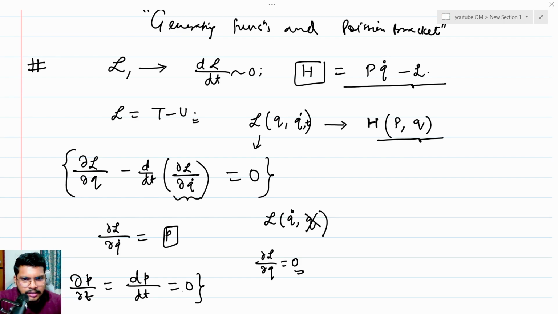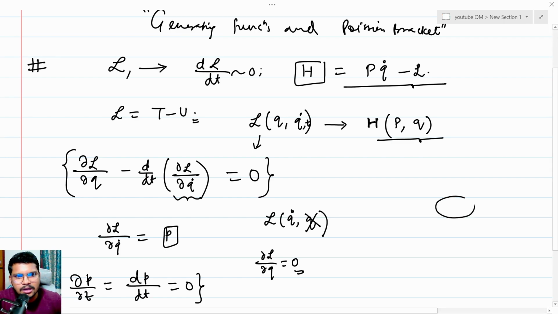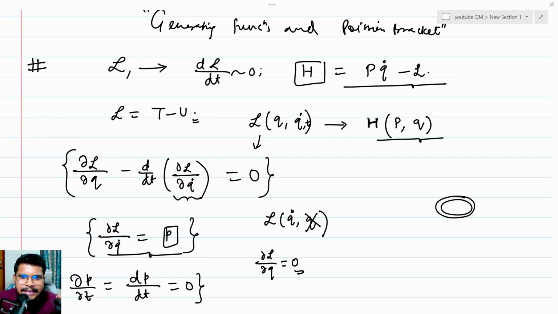And it's actually telling you that if your angular momentum is constant, where P becomes an angular momentum, it means an object is moving in a rotational motion. It's no longer in linear motion. Therefore, this quantity is very important in order to differentiate how the motion is taking place.